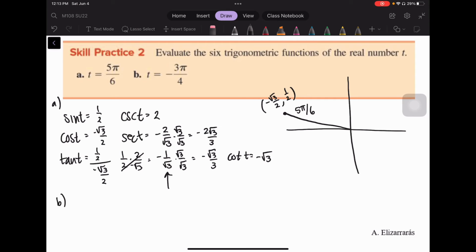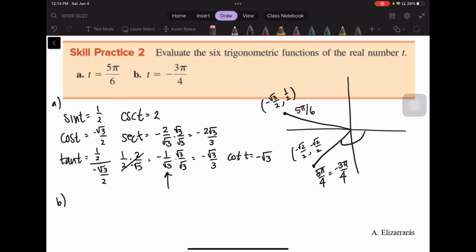For part B, we're doing negative 3 pi over 4, which has a coterminal angle of 5 pi over 4. Because if you were to add 2 pi to negative 3 pi over 4, you would get 5 pi over 4. And 5 pi over 4 is in the third quadrant, so both the x and the y's are negative.